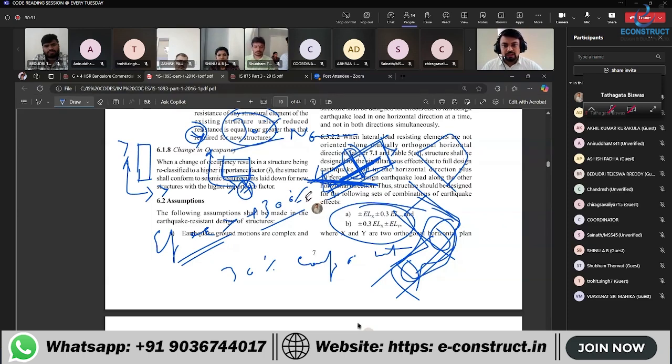Whenever there is any non-orthogonality, there is an introduction of components, a sine component and a cos component. You have studied trigonometry in college and school days, right? So sine and cos components come in. It is not only x and y at that time, it is x plus a certain part of y, and y plus a certain part of x.